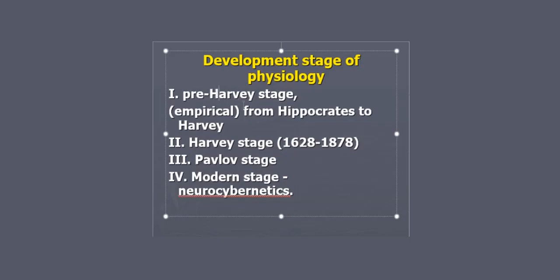Pre-Harvey starts from Hippocrates. Hippocrates in Western countries is considered the founder of medicine. And then Harvey, William Harvey, a British scientist, has a very famous book called Circulation of Blood.